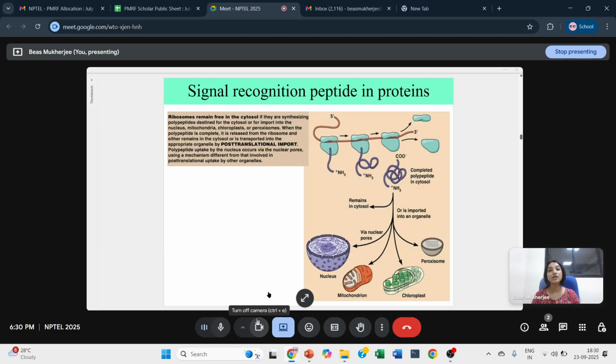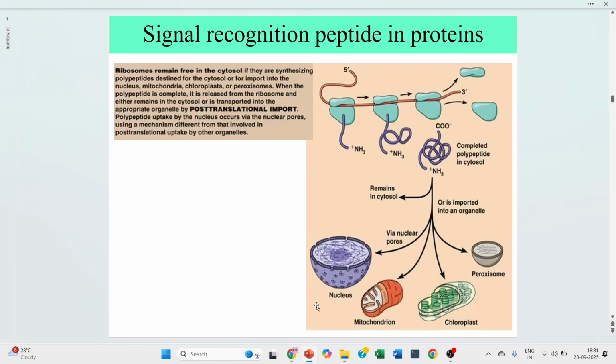Polypeptide uptake by the nucleus occurs via nuclear pores, using a mechanism different from post-translational uptake by other organelles. So the completed polypeptide either remains in the cytosol, or it can go via nuclear pores into the nucleus, or to the mitochondria, chloroplast, or peroxisome, depending upon the signal sequence.